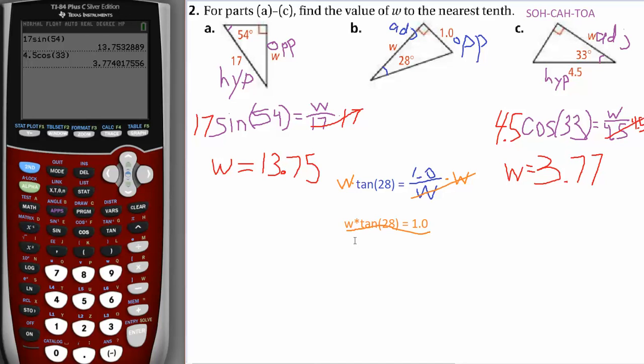Well, we've got to divide by what's with W, which is the tangent 28 on both sides. So W equals 1 over tangent of 28.